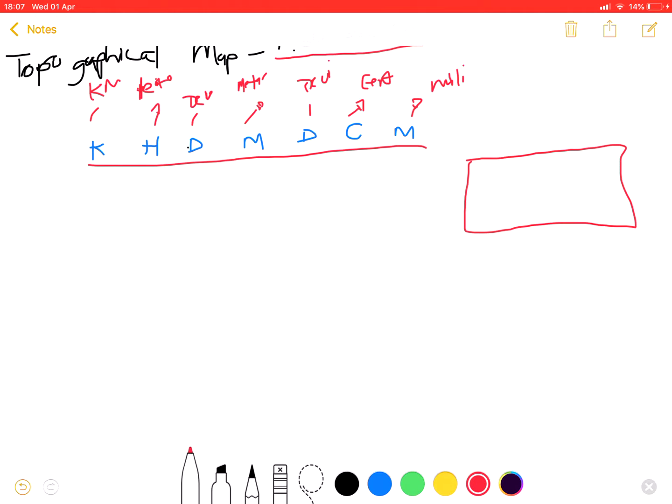We have 4 centimeters here, and let's say our breadth is 2 centimeters, and then the question will say calculate the area of this box in centimeters, or in kilometers.